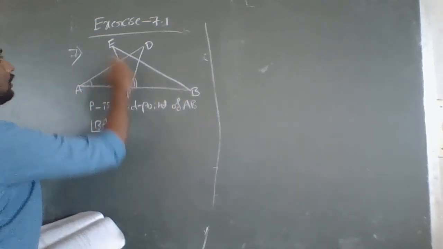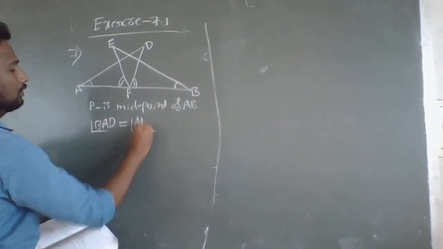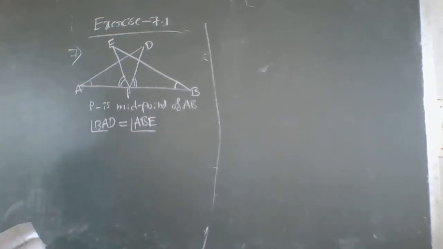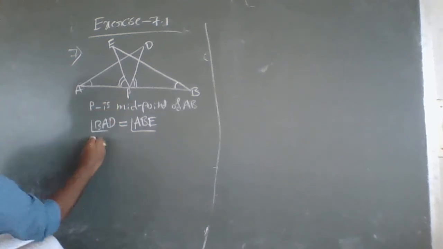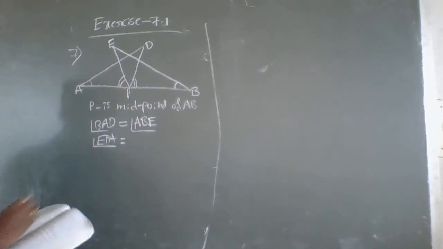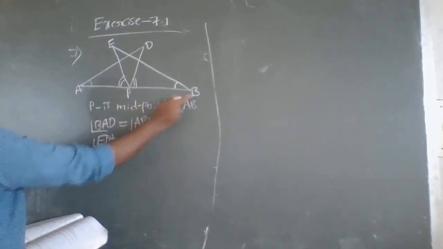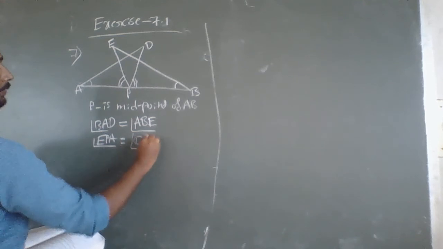Angle ABE means this angle. And angle EPA, this angle, is equal to angle DPB. DPB means this angle DPB.